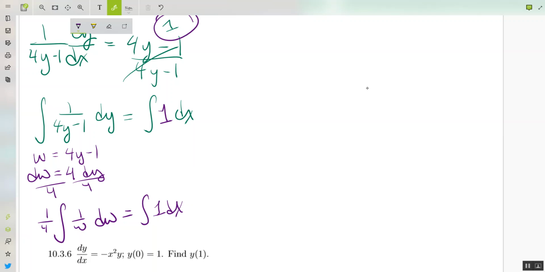So let's integrate both sides. So I'm going to get 1/4 natural log of w, which I'll replace in a minute, equals, well, the integral of 1 is x, which is what I almost accidentally did earlier, plus c. So to solve for w, which I'm going to replace with y in a second, I'm going to just multiply by 4.